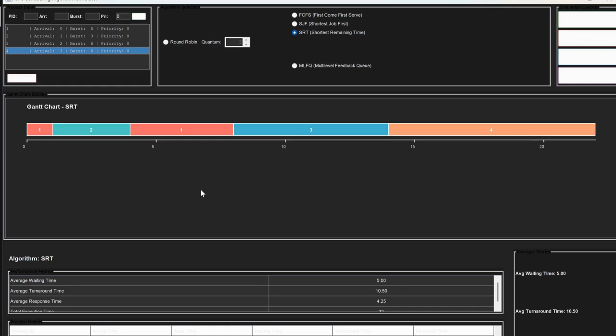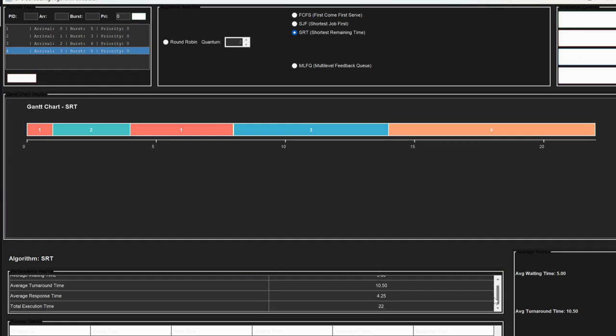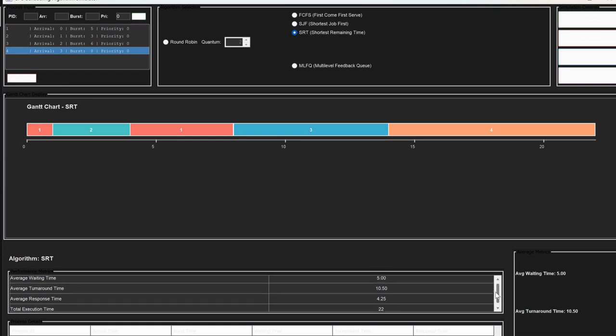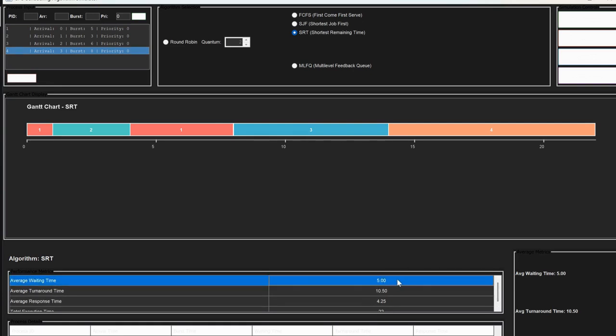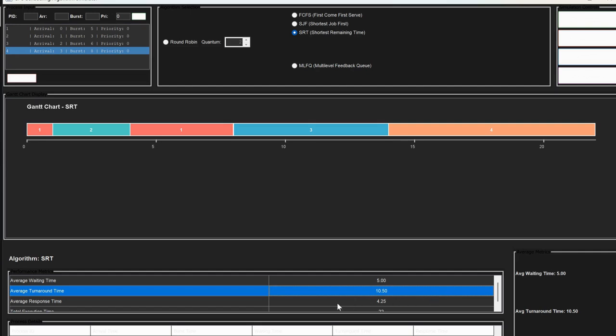You can see here we calculate the average waiting time, average turnaround, response, and then total execution time. Waiting time means how long a process waits, so we got 5 here. Turnaround is the total time in the system.